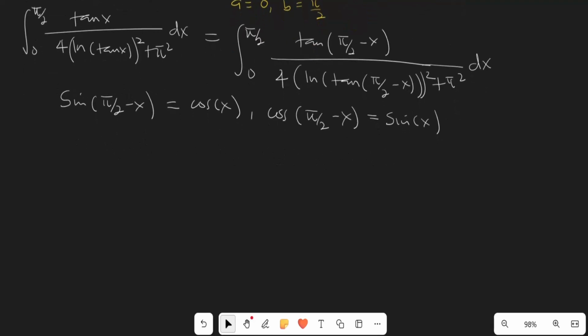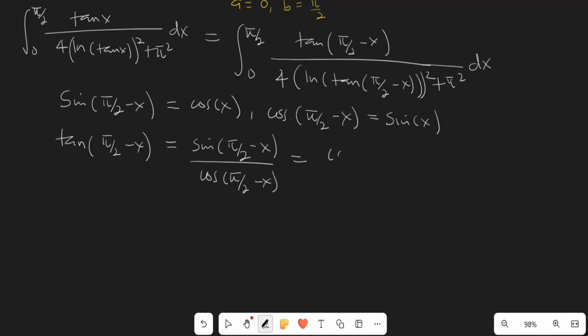So in this case, our tan of pi over 2 minus x is equal to sine of pi over 2 minus x divided by cosine of pi over 2 minus x. And this is the same as cosine of x over sine of x, which is just the cotangent of x, or you can say 1 over tan of x.